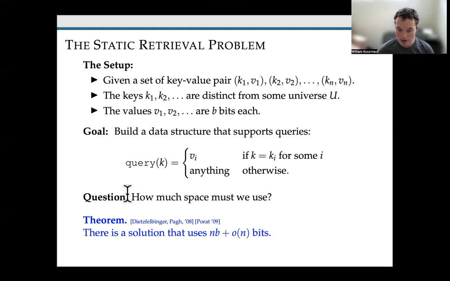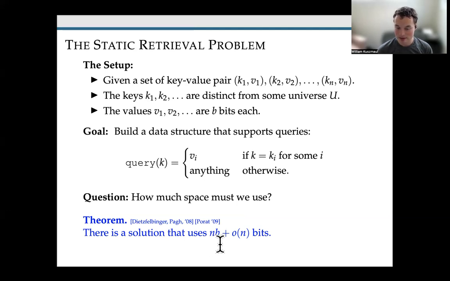The main question you care about is how much space the data structure has to use. One surprising and beautiful result from the late 2000s is that you can actually be incredibly space efficient. You can use space that's very close to the amount of space it would take to write down the values v1, v2, v3, etc., without storing anything about the keys.